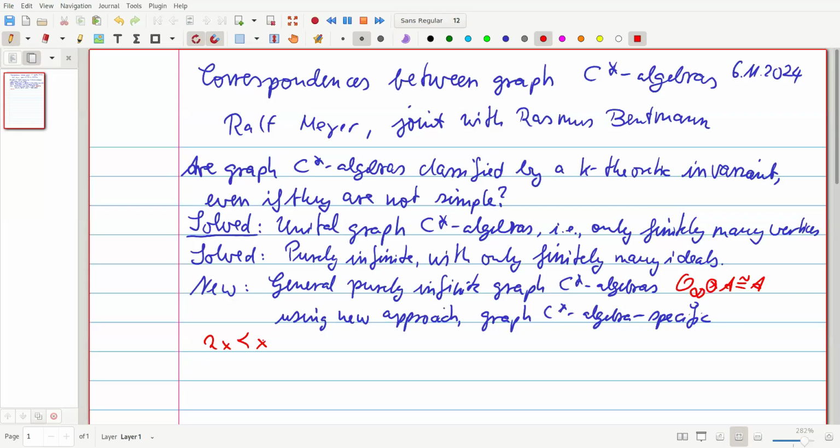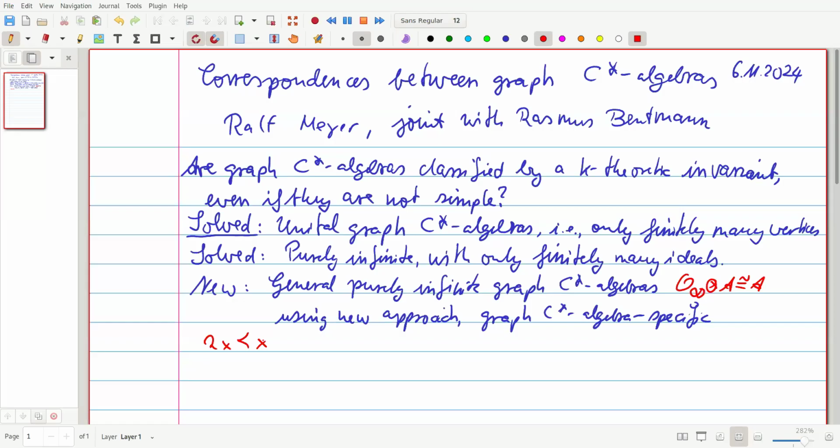I think that graph C-star algebras, of course, don't have to be purely infinite. They can be stably finite, AF algebras even. And there are certainly papers that talk about when a graph C-star algebra is purely infinite in the usual sense.